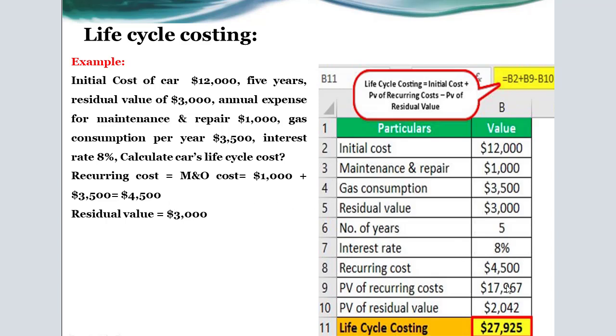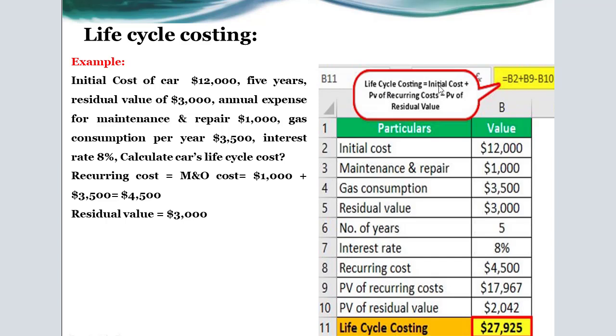This is calculated, of course, at the present value, and the residual value is also calculated. So the life cycle costing of this car will be $27,925.